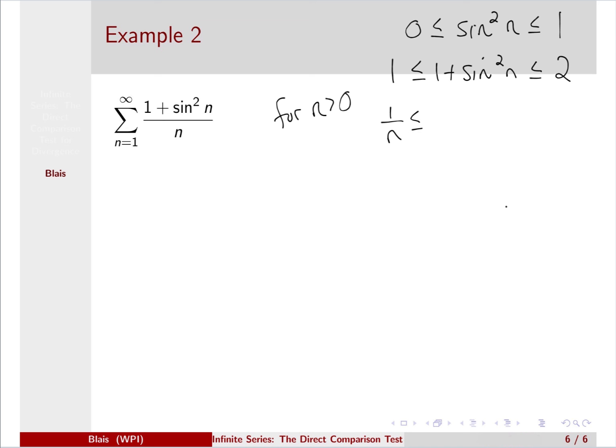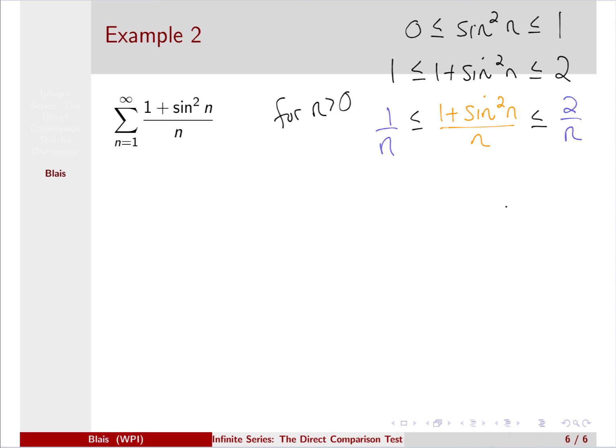And we see here that now in the middle we have our given series. And the question becomes, which of these do we use? So we have our term being less than or equal to 2 over n, or greater than or equal to 1 over n.